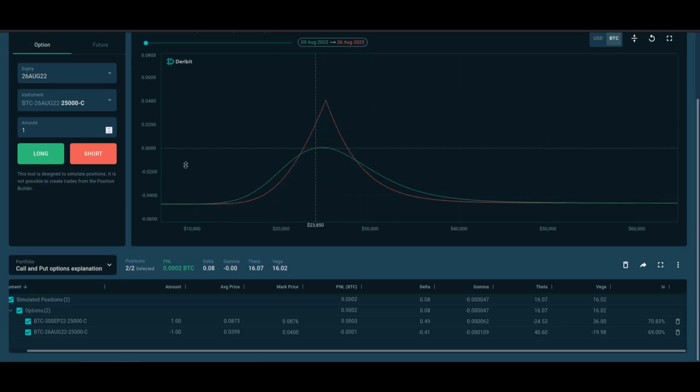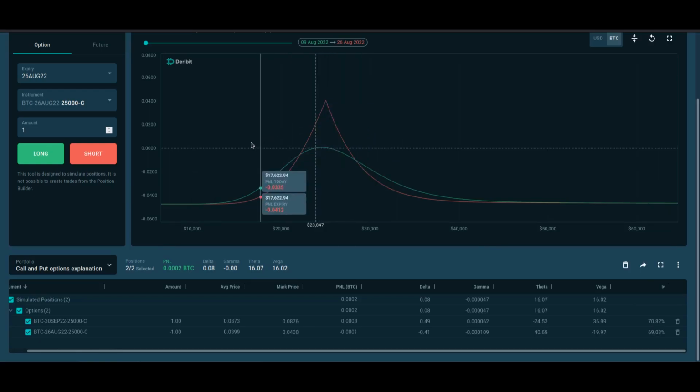And in case the price goes up or down, we will get losses. Basically it is to trade volatility, because all options have implied volatility, historical and real volatility measures, and we will explain it in other videos.